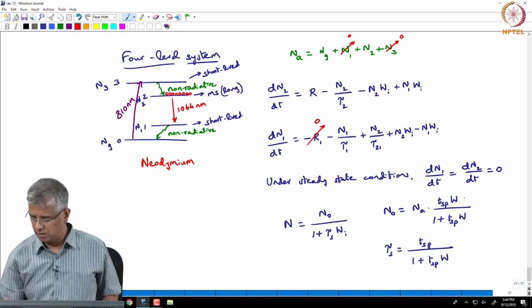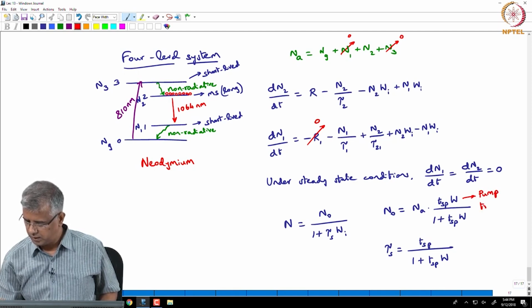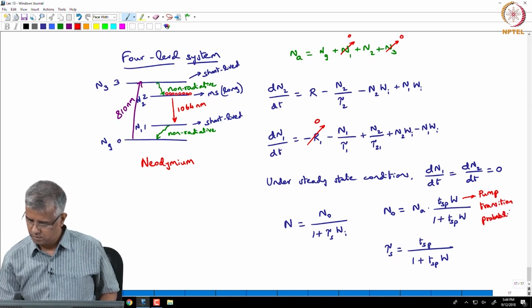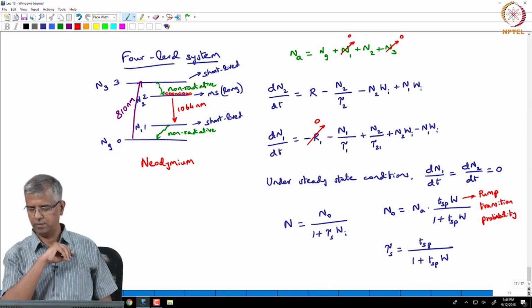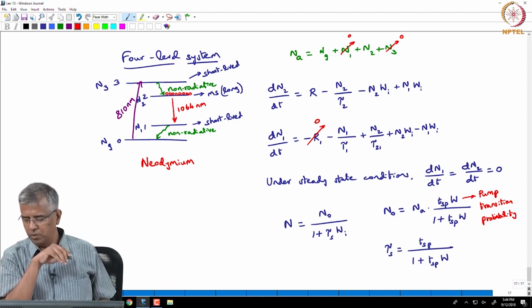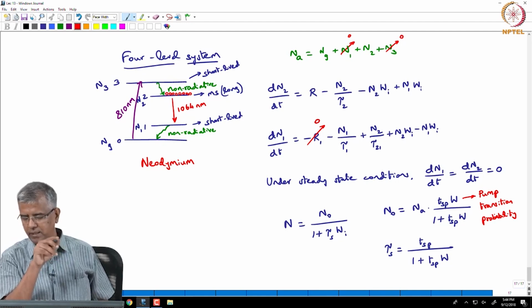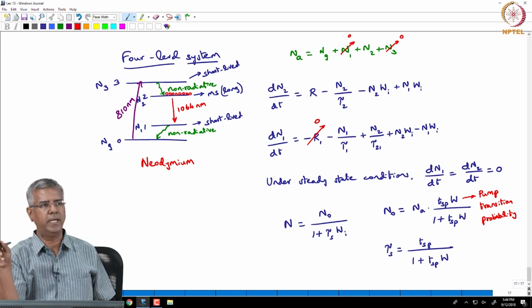I should make a note saying that the W corresponds to the pump transition probability. W is a representation of R. We previously considered R. R is nothing but W multiplied by Ng.